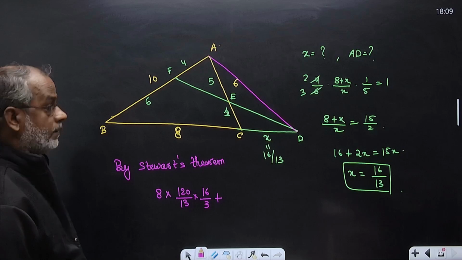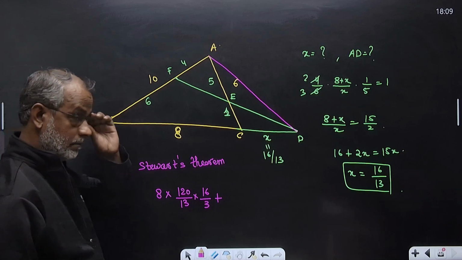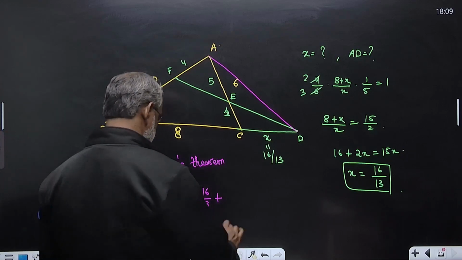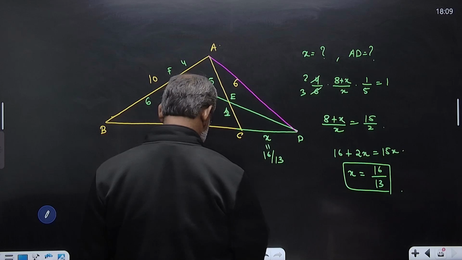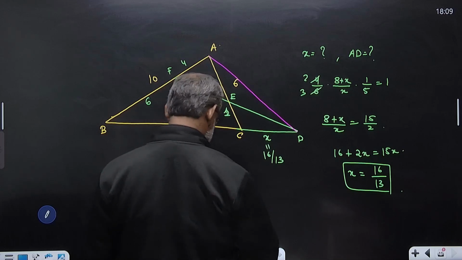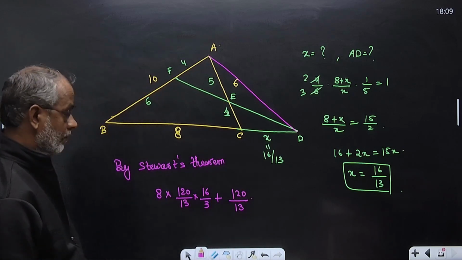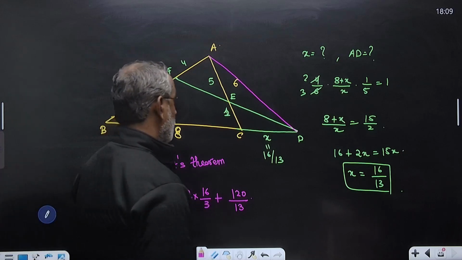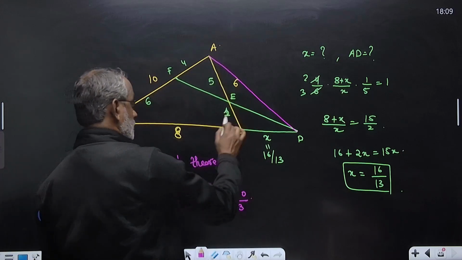AD square, okay, man plus dad is b m b plus a d square. What is AD square? What is D square? 36.